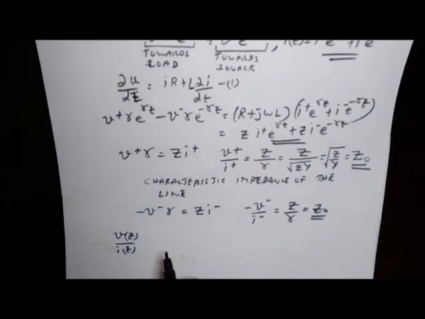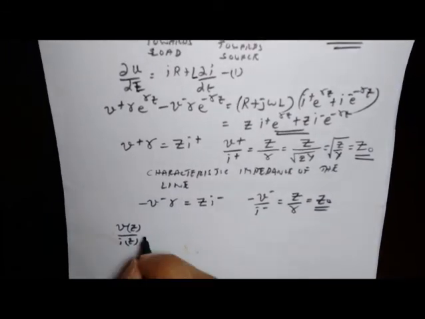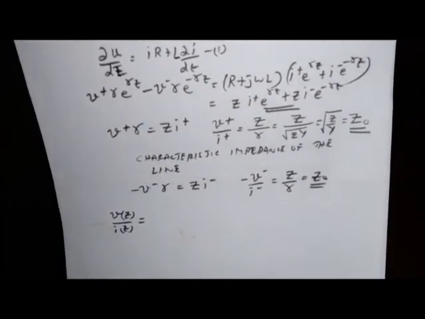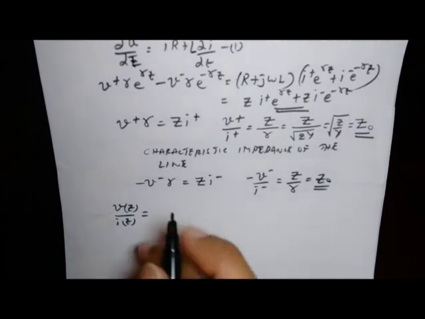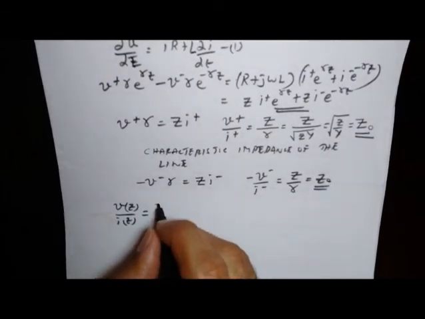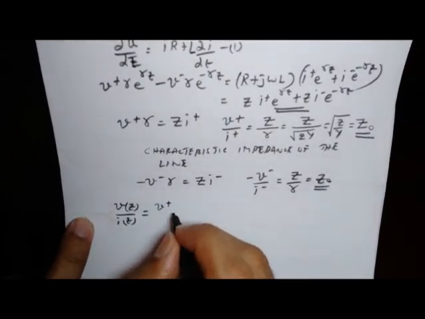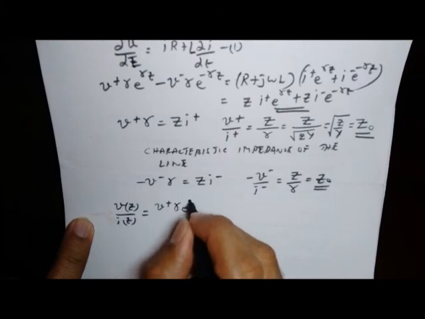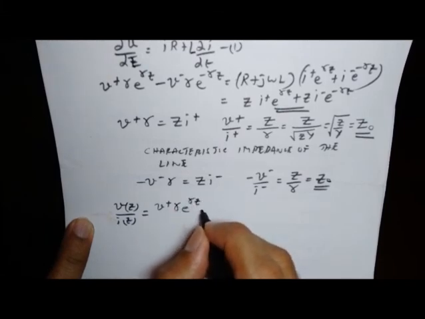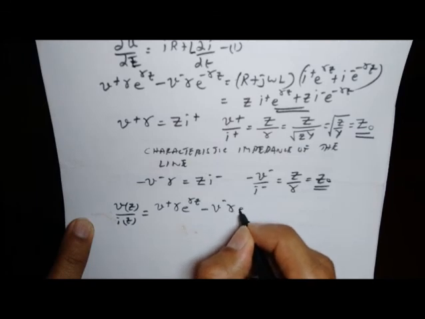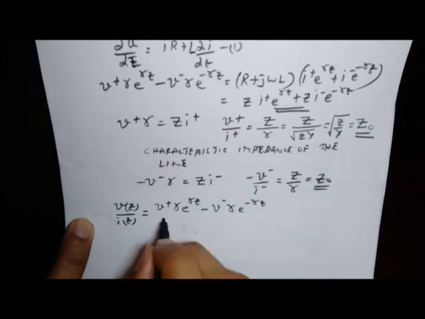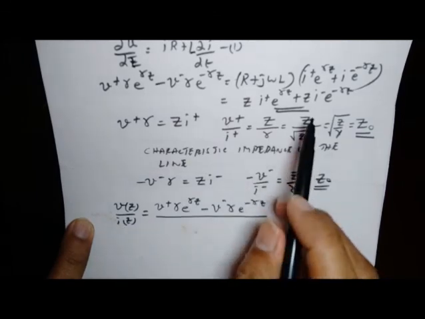I'll get some impedance, right? Now that will be equal to, we have expressions for Vz and Iz. So the Vz expression is V plus gamma e power gamma Z minus V minus gamma e power minus gamma Z, divided by the I expression.